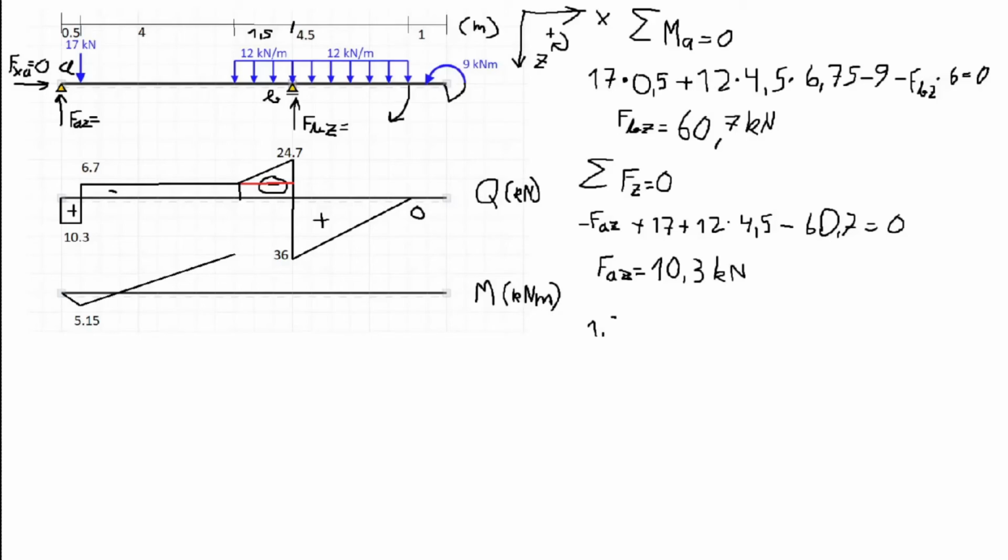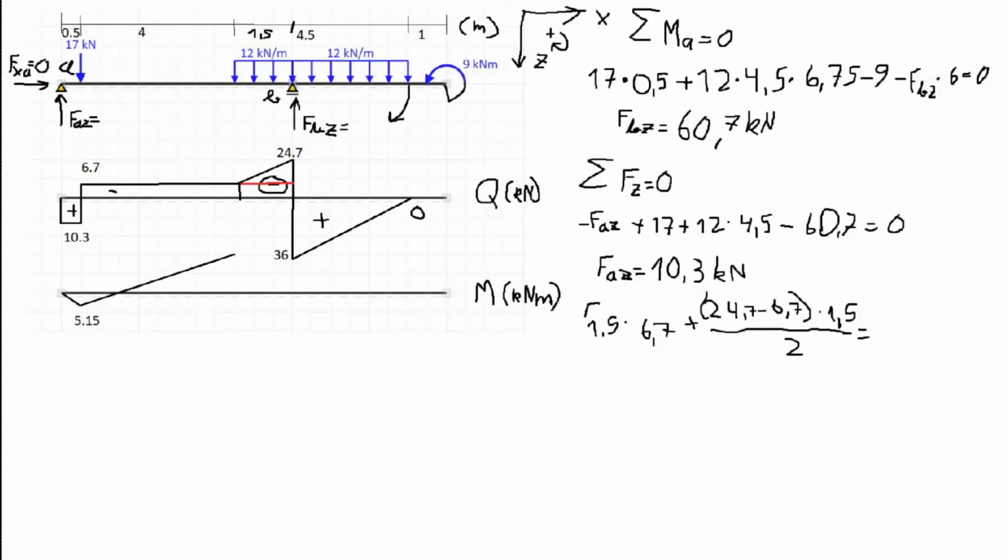It has the base of 1.5 meters times the height, which is 6.7 kilonewtons, plus the area of this triangle, which has the height of 24.7 minus 6.7 kilonewtons, times its base, which is 1.5 meters again, and divided by 2 because of how we find the area of a triangle.